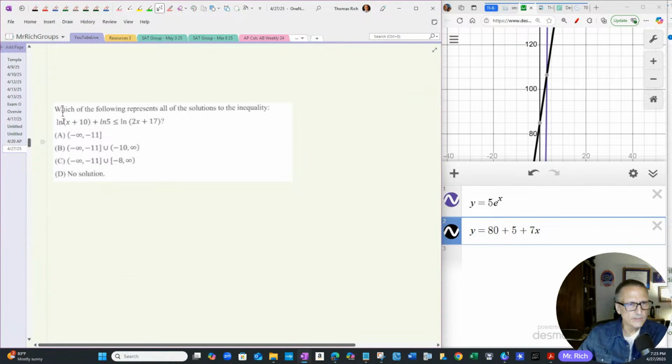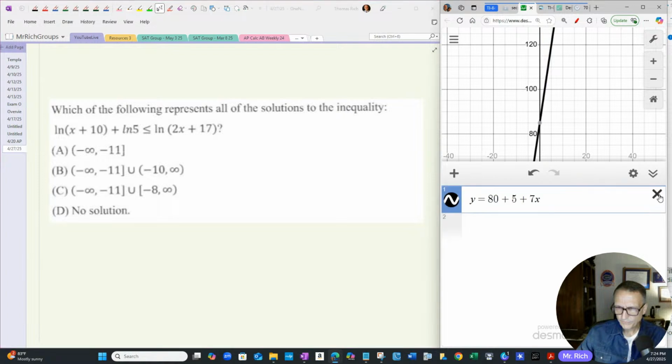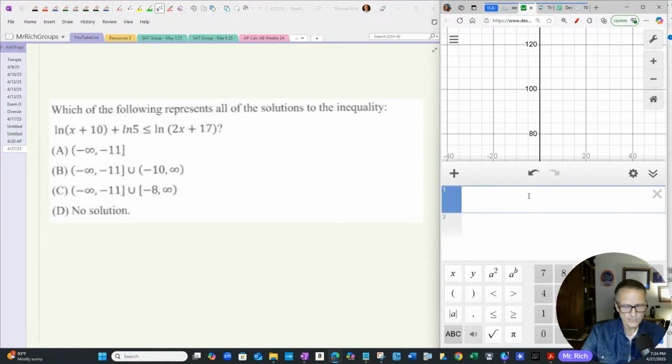Yes. Next. Which of the following represents all of the solutions to the inequality that we have right here? Well, I'm going to go ahead and graph this as well. So I'm going to graph the inequality here.